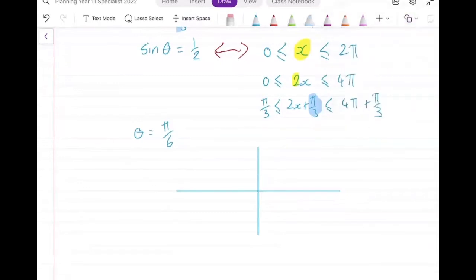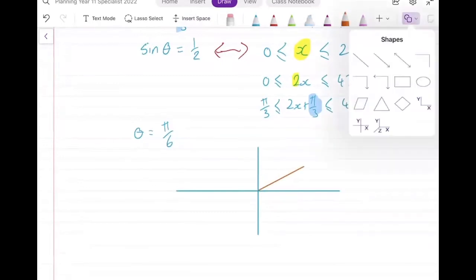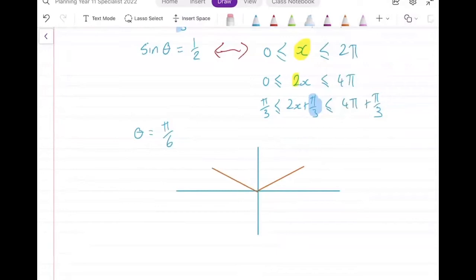It's going to be positive in quadrant 1, and it's also going to be positive in quadrant 2 if I draw it like so, which means this angle here is going to be pi/6. This angle here is going to be pi/6, which means if I take my whole angle, because I always take my angle from this part of my Cartesian plane, then this angle here is going to be pi minus pi/6, which is going to equal 5 pi/6.